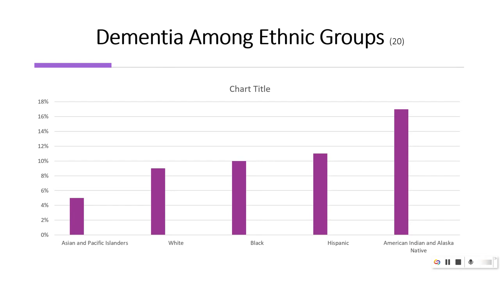The prevalence of memory impairment between the years of 2015 to 2020 was 5% of Asian and Pacific Islanders, 9% of non-Hispanic whites, 10% of Black adults, 11% of Hispanic adults, and 16.77% of Native American and Alaska Native.